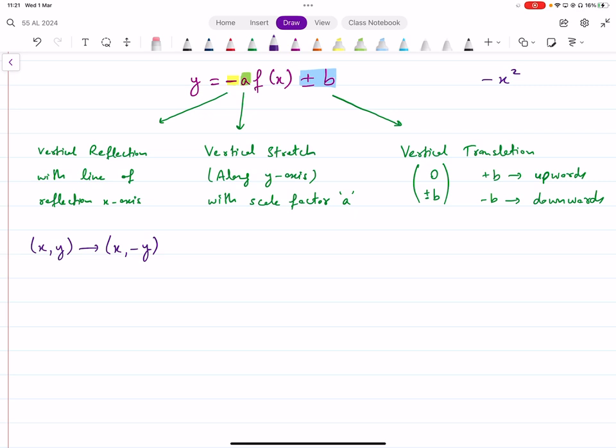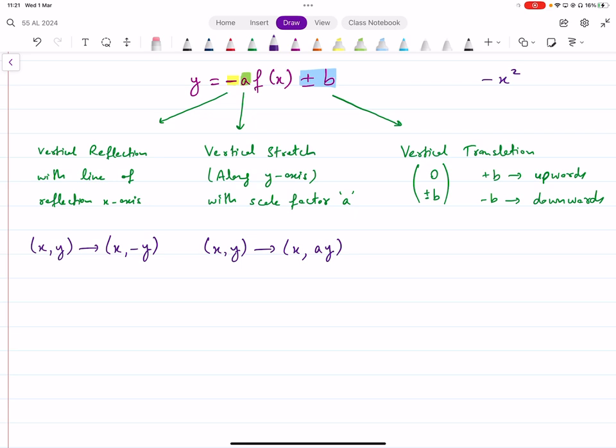All right? If you have stretch and you have a point on the original graph that is x, y, again, x is not going to change, but the y coordinate is going to get multiplied with a. So if there was a point which had a y coordinate of 2 earlier, now if the stretch factor is 3, you would say it's 2 times 3, 6 पे चला जाएगा वो.